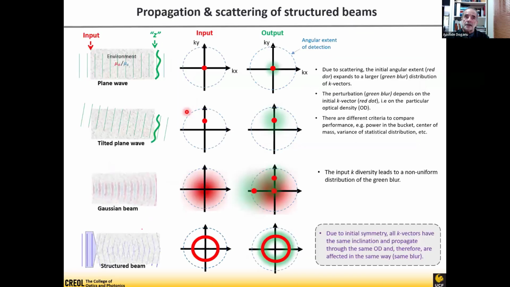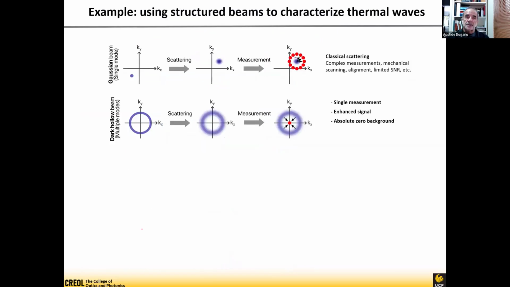We will pick one for this audience. There is probably no need to discuss the benefits of actually using a structure like a Bessel-like beam in the context of scattering. I'm going to show you one example of this kind of use.